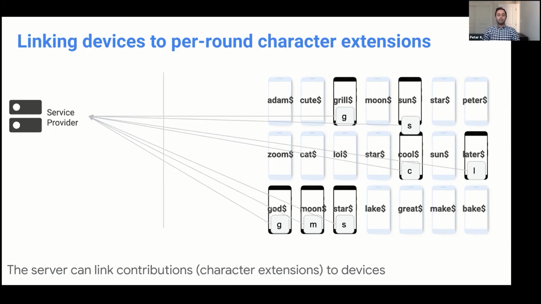But there's a quick fix for this. We can use a technology called secure aggregation. Secure aggregation is a multi-party computation technology that allows the service provider to only see results in aggregate. So instead of the service provider being able to inspect every update that it gets from every participant, it will only be able to see the aggregated votes.